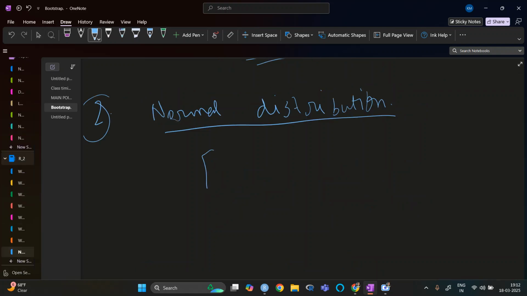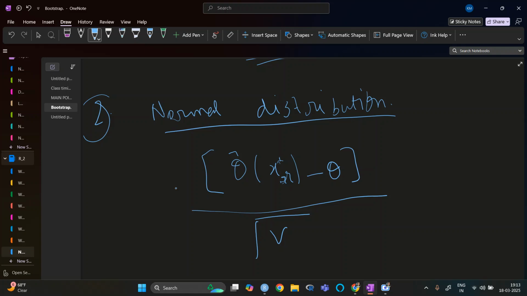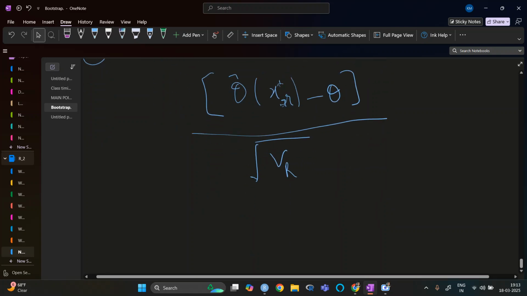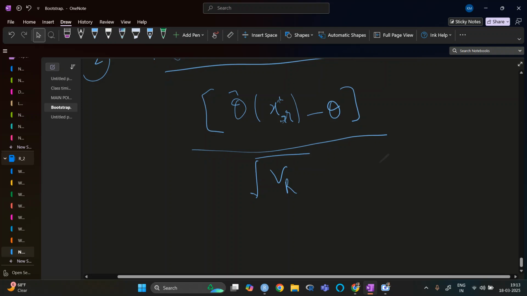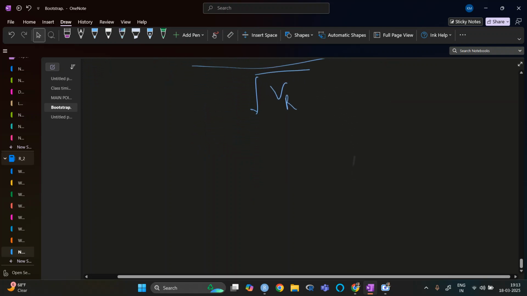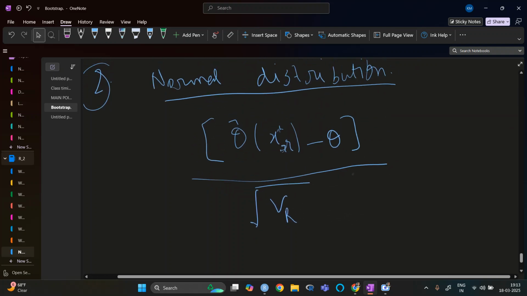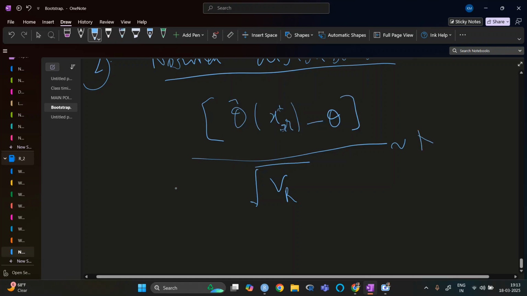So here also we will have this theta cap found from this x star minus the real theta divided by under root of VB. This is the standard deviation, and we say this will follow the normal 0, 1.